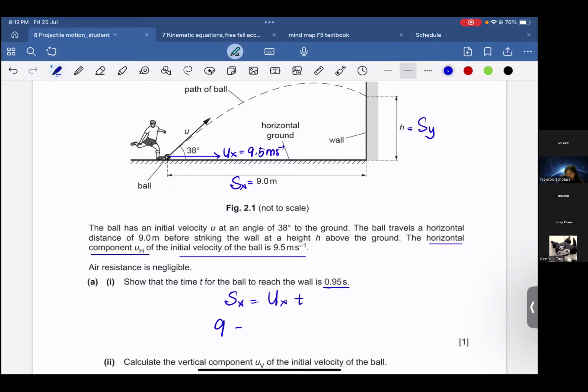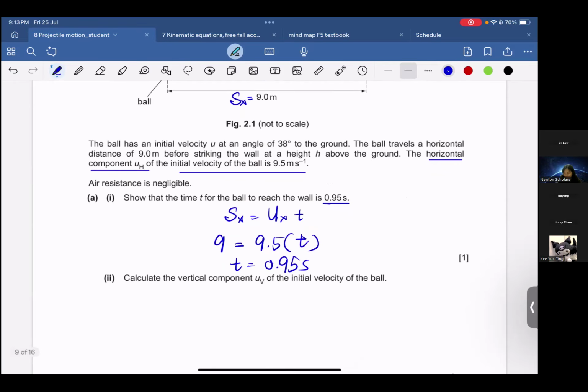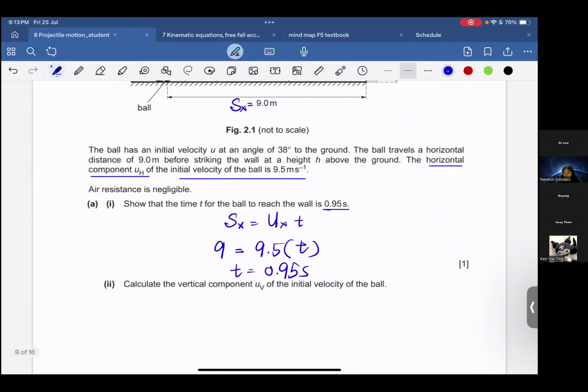The distance is 9, and this is 9.5 times the t. So your time should be 0.95 seconds. This should be no problem. We calculate using the horizontal. We could use the vertical, but the problem is we have a lot of information there, maybe we get lost. So using horizontal is better. Vertical is not that easy.